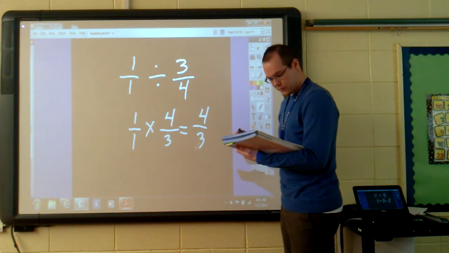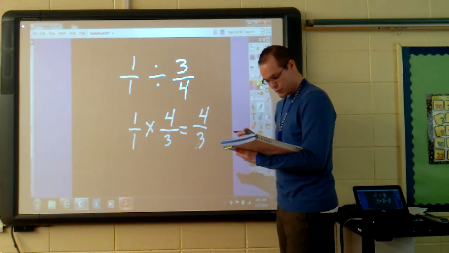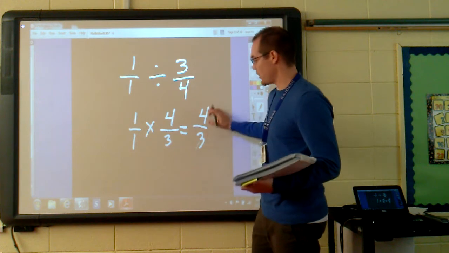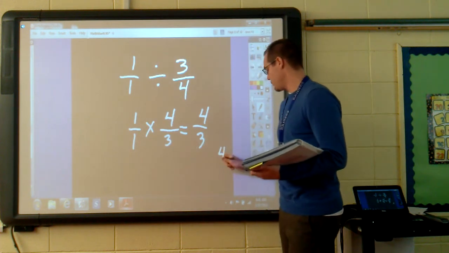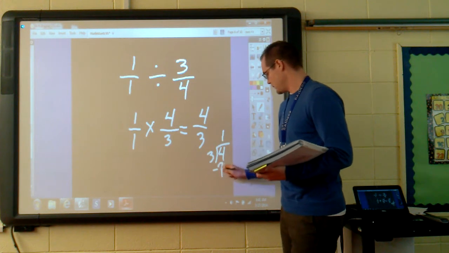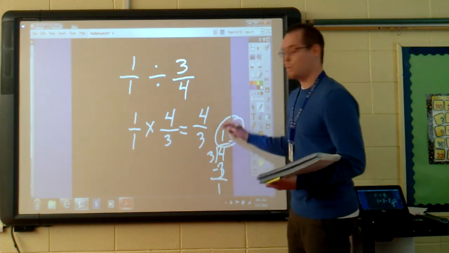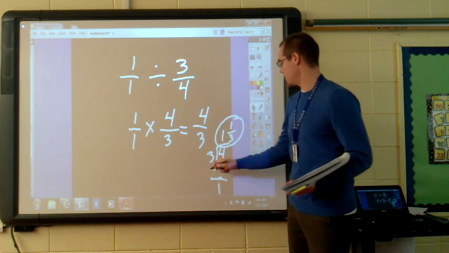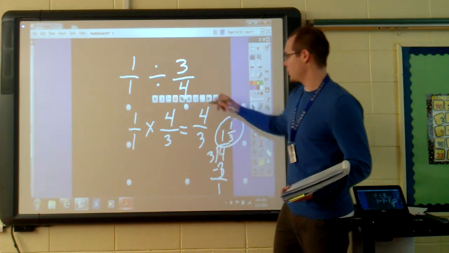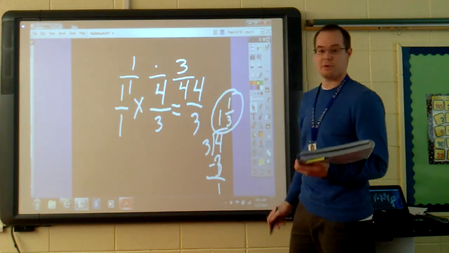Now we, of course, have an improper fraction. So we need to divide 4 by 3. 3 goes into 4 once. So we end up with the mixed number 1 1/3. So this will be your answer for example number 4.